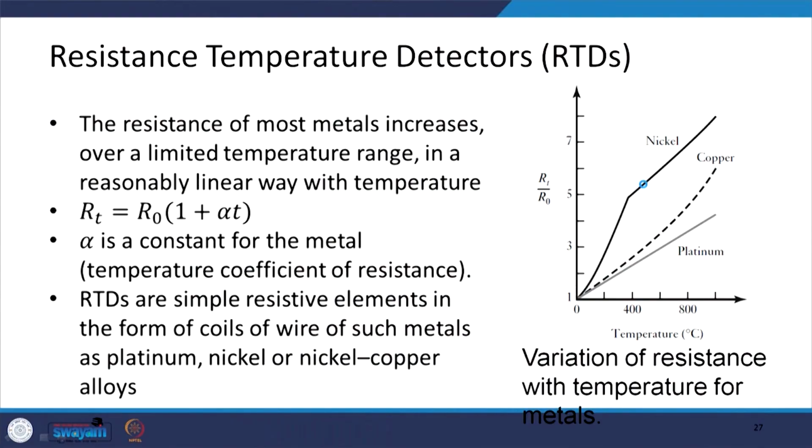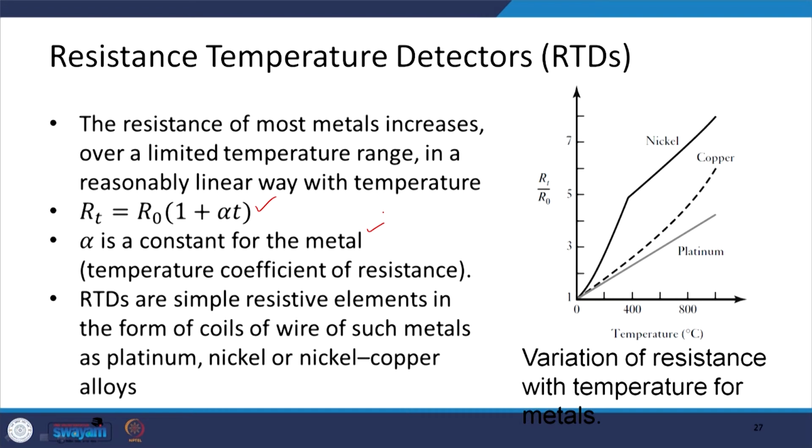And we know this very popular equation which you might have studied in your intermediate classes, that is RT is equal to R0 (1 plus alpha T), where alpha is a constant for the metal or temperature coefficient of resistance. Now, RTDs are a simple resistive element in the form of a coil or wire of such metals as platinum, nickel or nickel copper alloy.